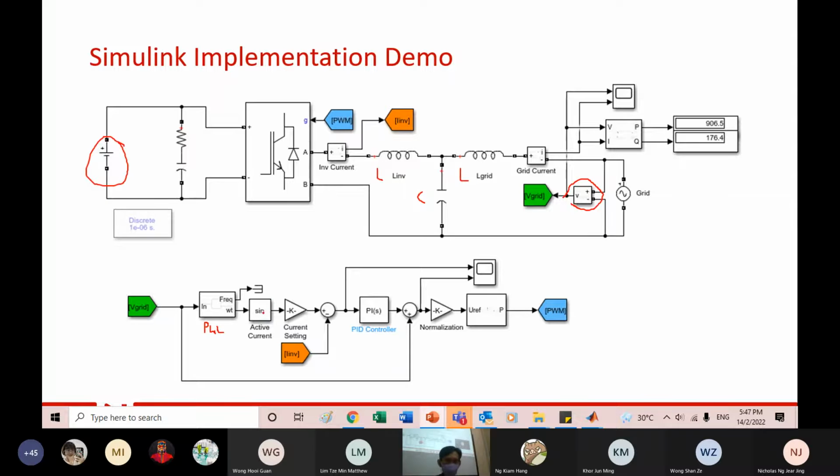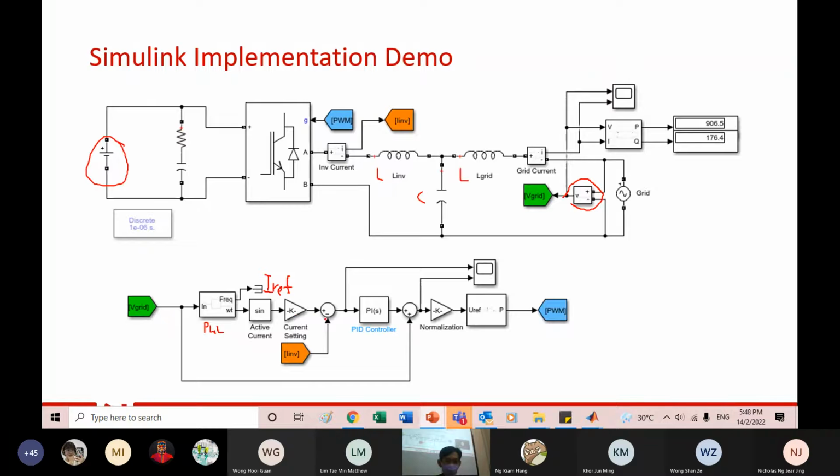Okay. And then you will notice the active current, remember I said this one represents the I reference. The I reference, you want to inject how many current? You set it here, the K setting: 10 amp, 1 amp, 2 amp, 3 amp.